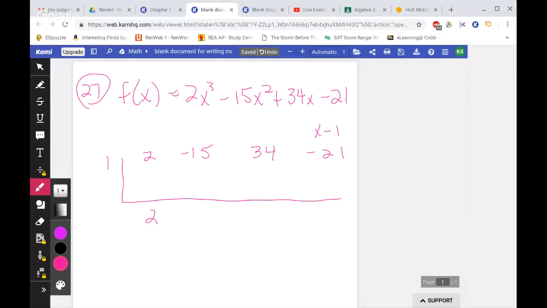2 times 1 is 2. And then negative 15 and 2 is negative 13. Negative 13 and 1 is negative 13. And the difference between 34 and negative 13, that's 19. That's wrong. It's 21. It's been a long day. Yeah, me too. This is 21, and then 21 times 1 is a positive 21.